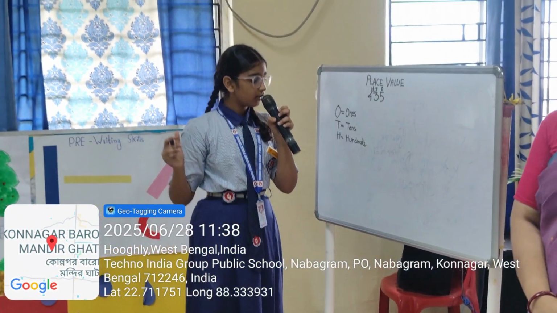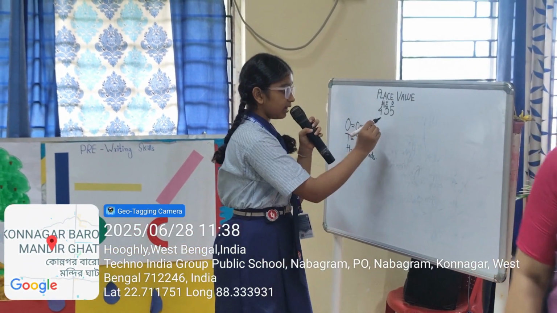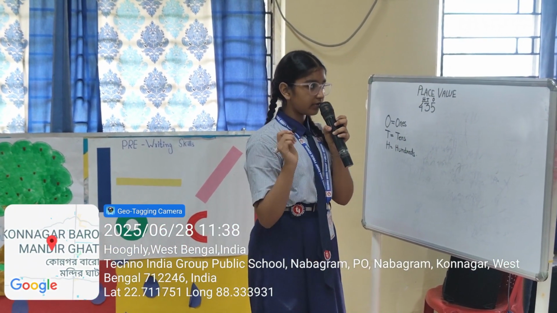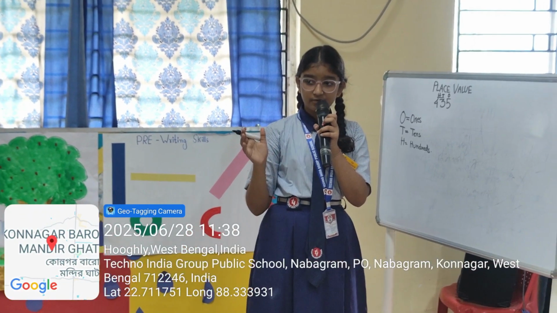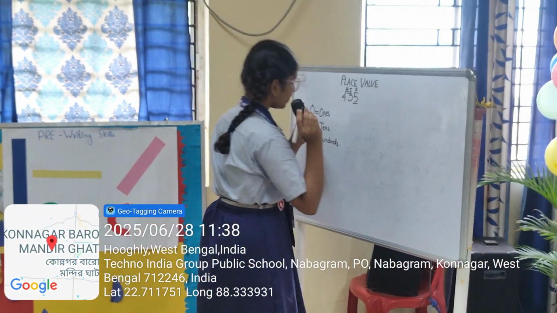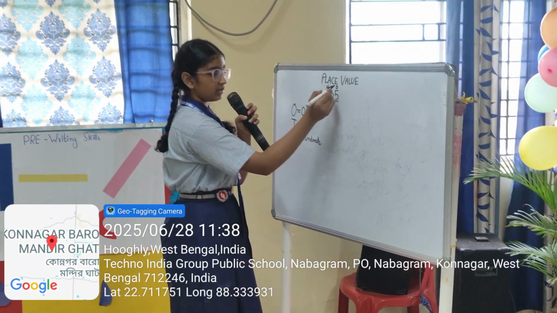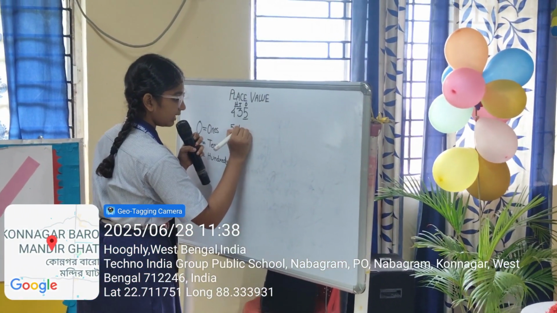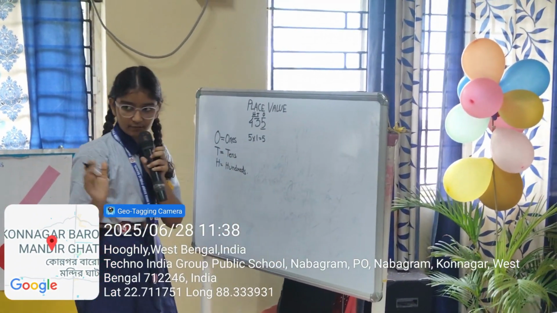Now, for finding the base value of this number, first we will break the number into 3 digits. The first number's base value is 5. As we can see, it is at the 1's place, so we will multiply 5 with 1. The result is 5.